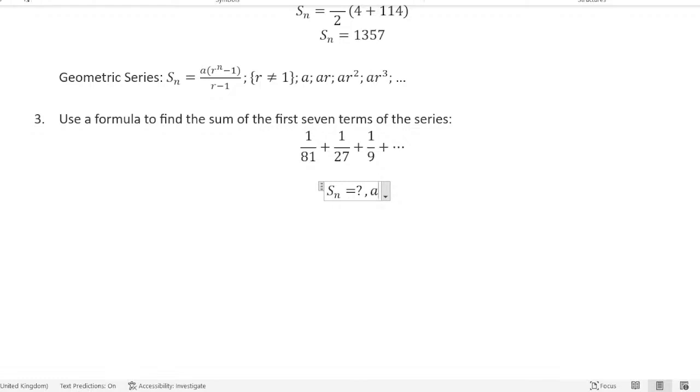The value of A is always the first term of the sequence. The value of A is given as 1 over 81. Then what is the value of R?